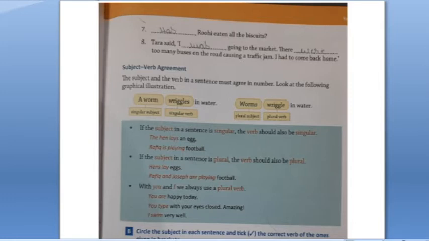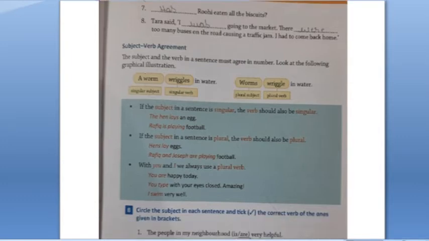Another thing is subject verb agreement. So what is subject verb agreement? Here the subject and the verb in a sentence must agree in number. Look at the following graphical illustrations.